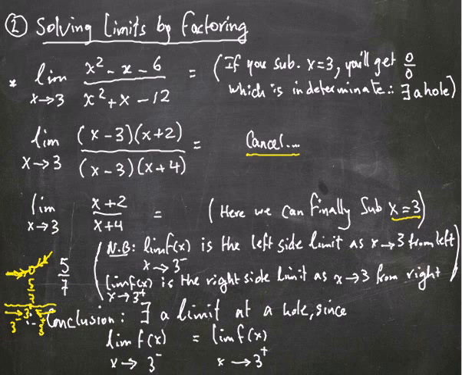At a hole you'll always have a limit, since the limit of the function as x approaches 3 minus, or 3 from the left, is equal to the limit of f of x when x approaches 3 plus.